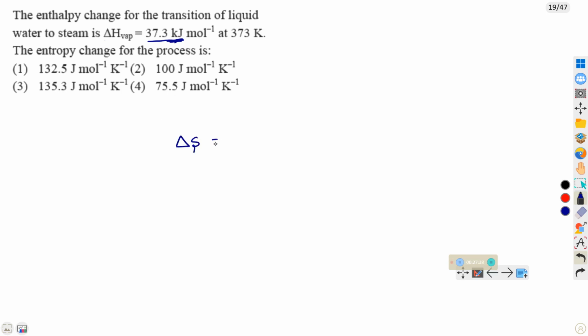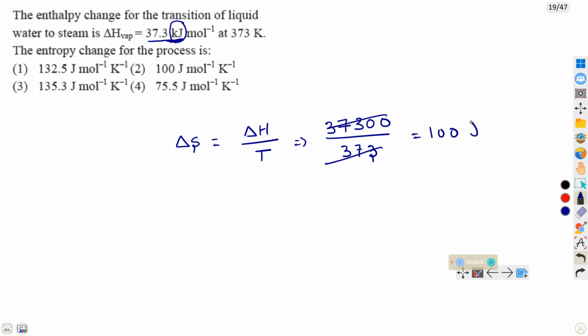Delta S is equal to delta H by T. Here it is given in kilojoules, converted to joules, 37300 by temperature 373. Simplify, then you will get 100 joule mole inverse Kelvin inverse. Second option is correct.